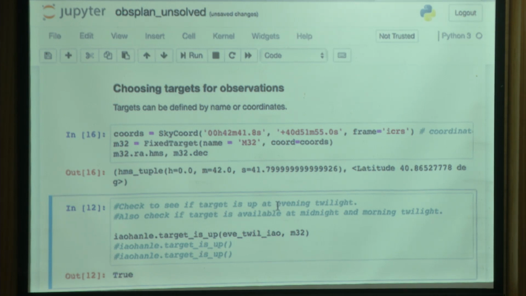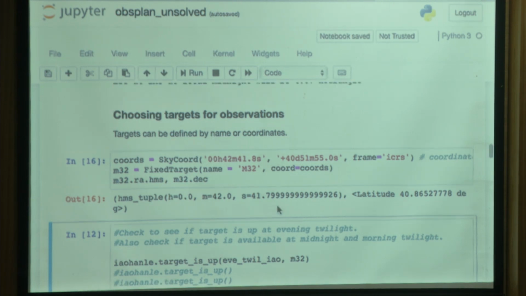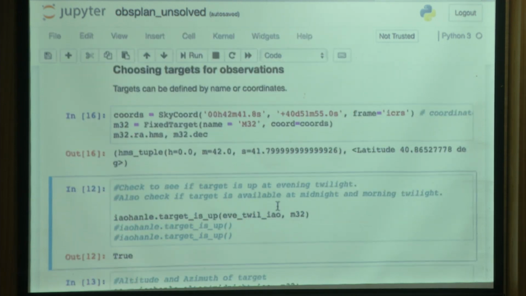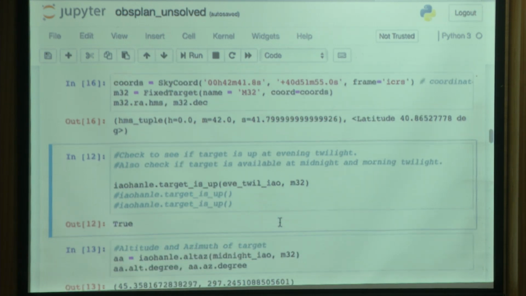So is this target going to be available tonight from the Indian Astronomical Observatory? To see that, Astroplan has a useful function called target_is_up, and that returns a Boolean value. So it's either true or false. Is the target above the horizon or below it? So let's see, is M32 up at evening twilight at IAO tonight?